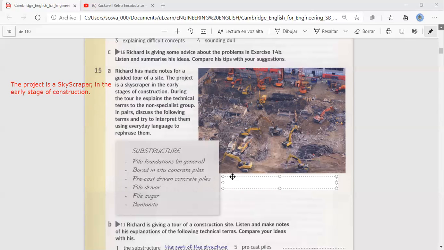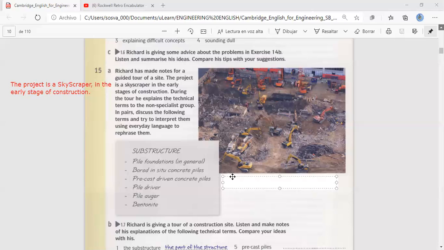Then the precast driven concrete pile. We can use them as the pile, the structure that is built before it's set. When we talk about constructions, there are some structures that the construction workers need to build, like the base and stuff like that.